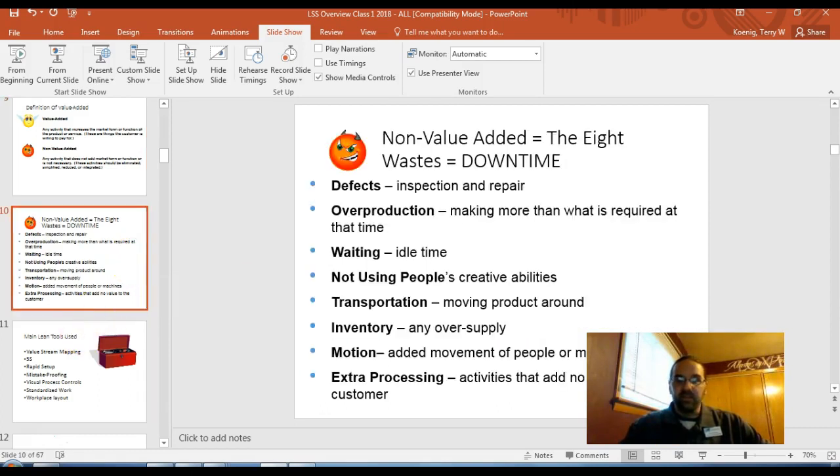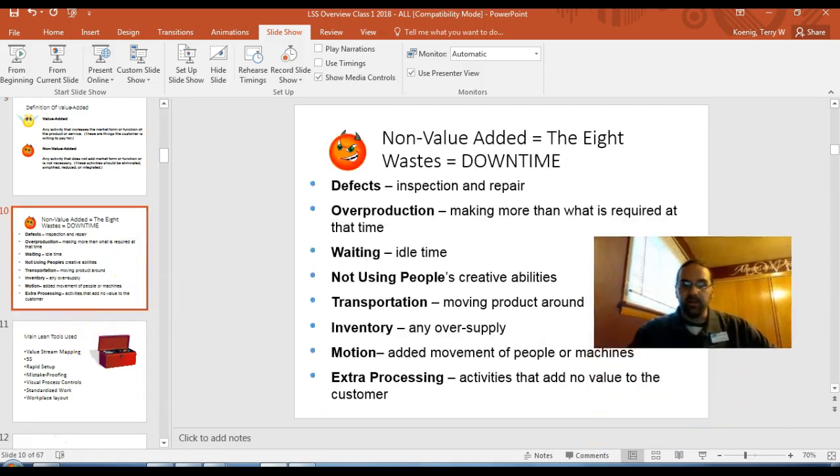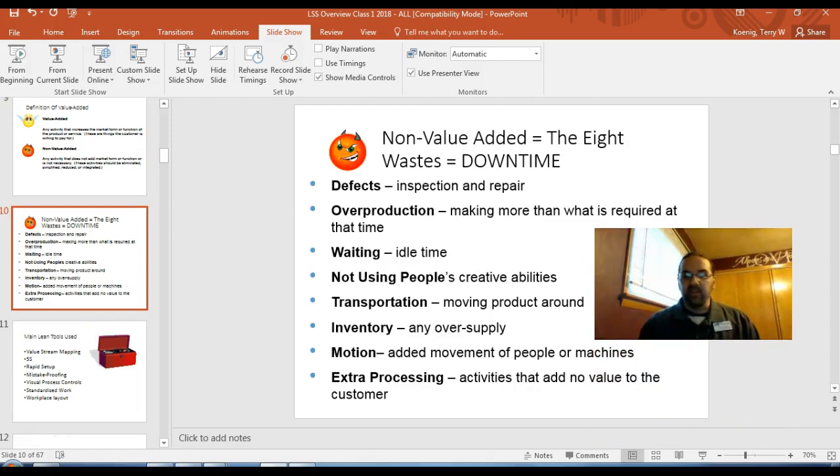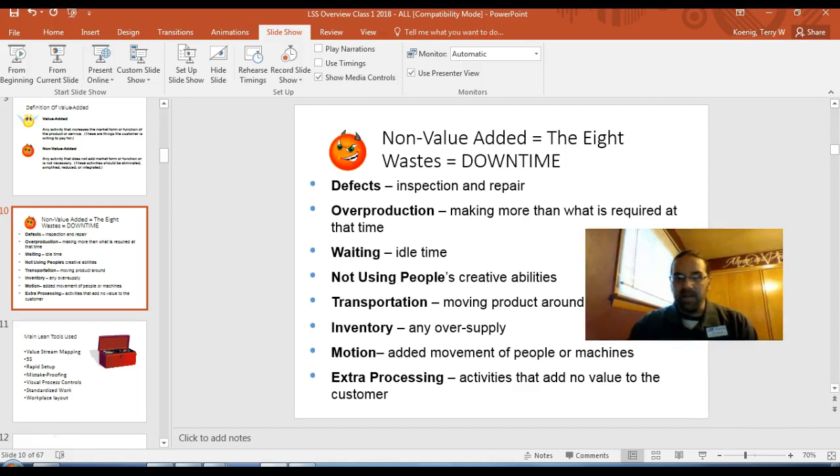So the wastes are usually in a few categories. You might see this at your place of work, something very similar. Maybe it's in a different order. Maybe the words are a little different. I really prefer this one, using the acronym DOWNTIME. In my mind, that just makes too much sense, and it's easier to remember.